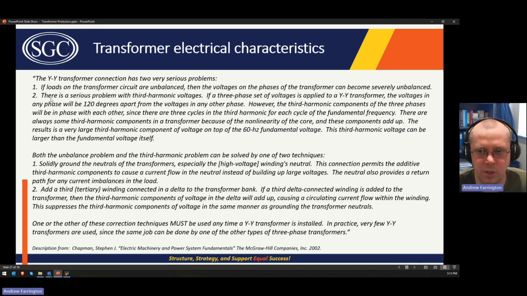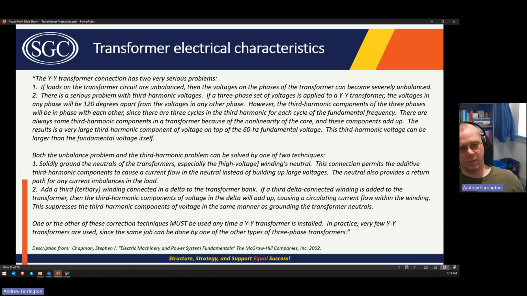The other one is the issue with third harmonics. If the transformer has a normal balanced load, all of the individual phase currents are 120 degrees out of phase, obviously.